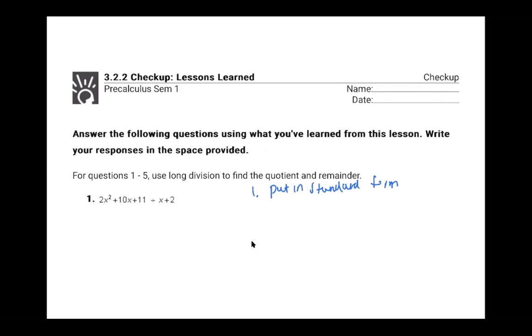Then the second thing would be, obviously, set up your division. You have your divisor and you have your dividend. Then you continue to solve, making sure that you're carrying down your remainder.